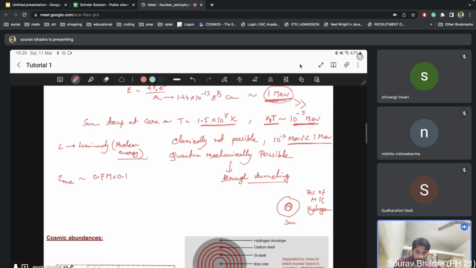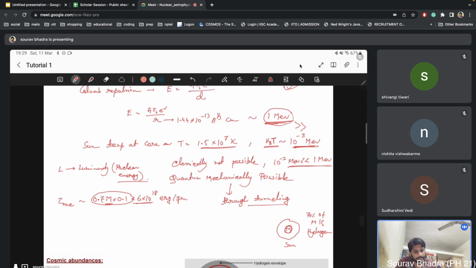We are considering the burning at the core only. If we put m in grams, this is the total mass in grams of hydrogen available at the core for burning, and 1 gram of hydrogen will release an energy of 6 times 10 to the power 18 erg per gram.